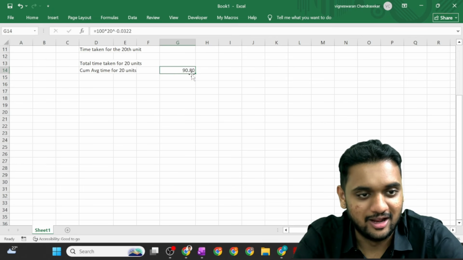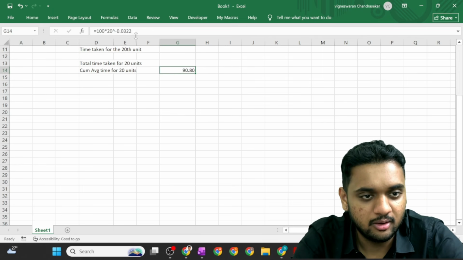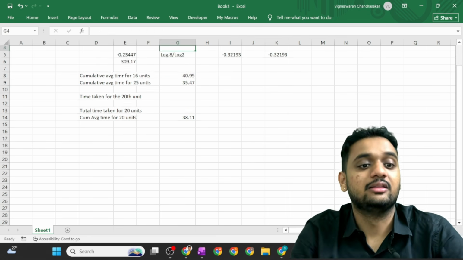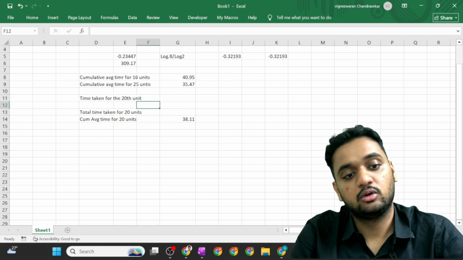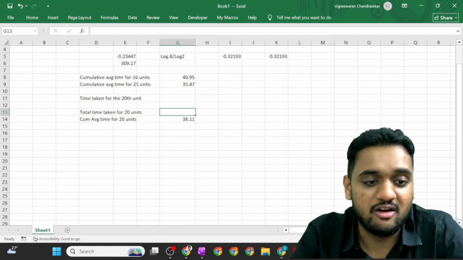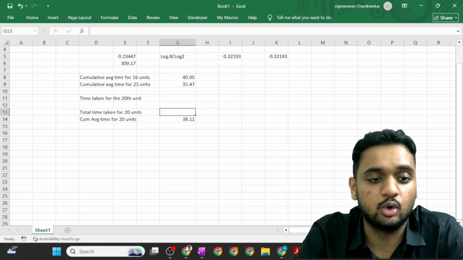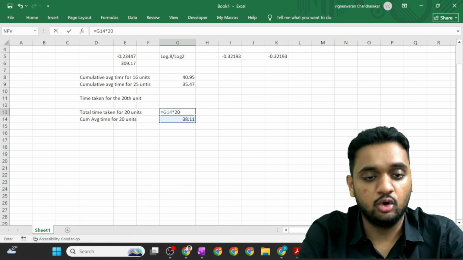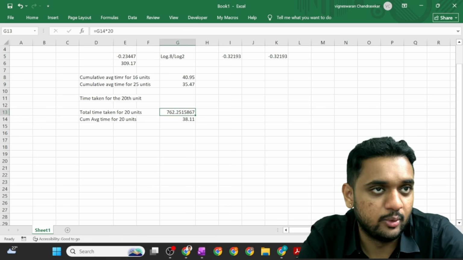I only did a mistake. 100 into 20 to the power minus 0.322, 38.11 you are getting. That is the cumulative average time per unit for 20 units. Write clearly. We have to find the total time for 20 units. What you have to do? That into 20. You will get the total time for 20 units. Understood all of you?